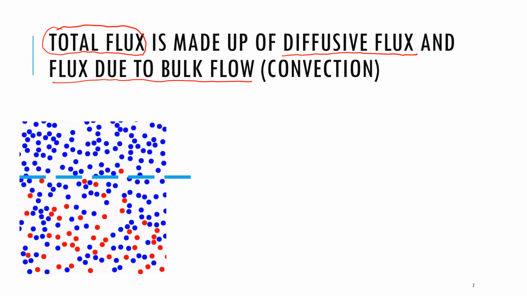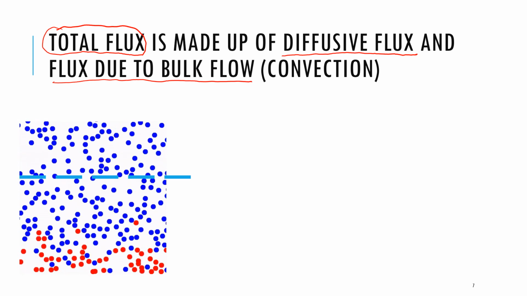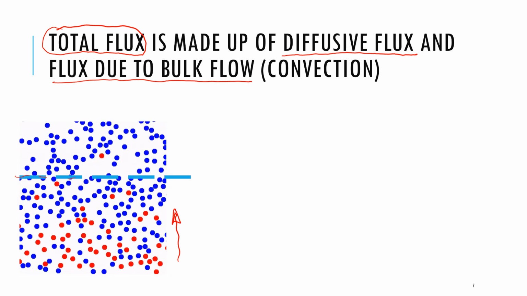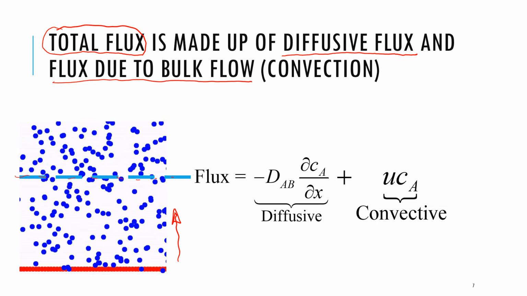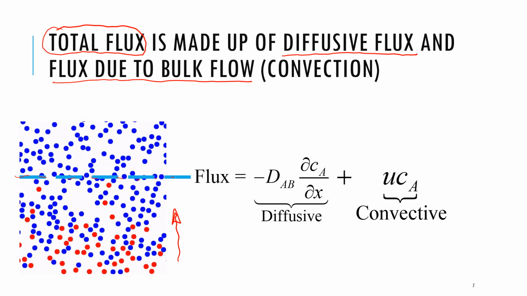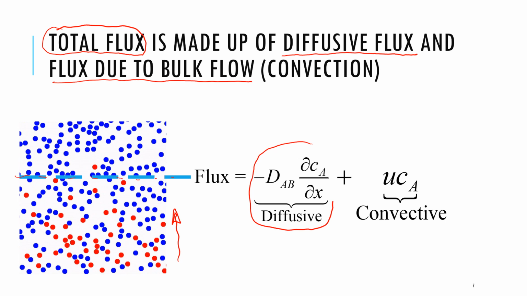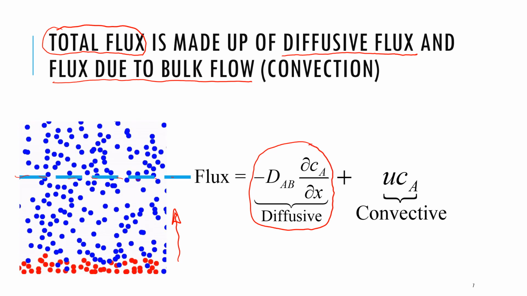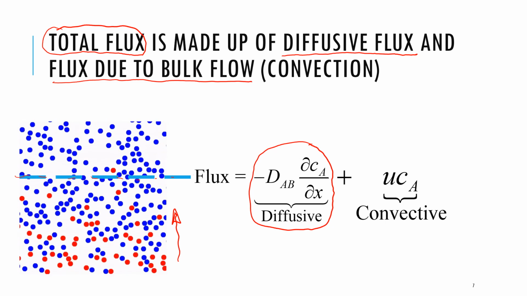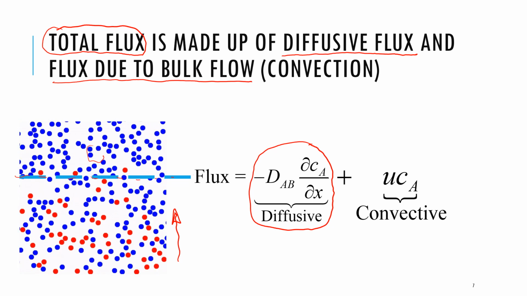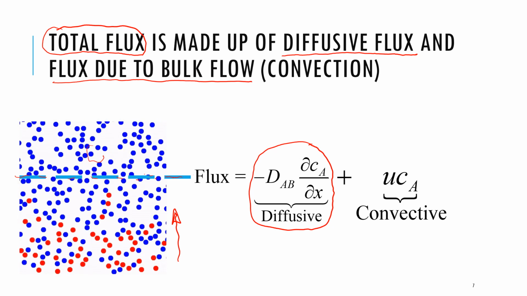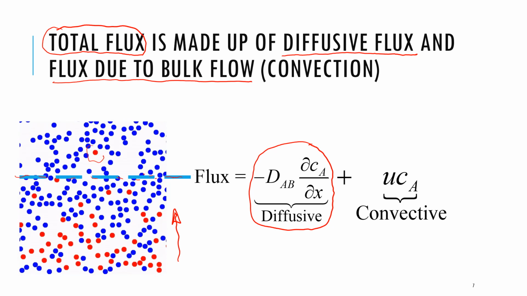So here we have the red molecules diffusing in the blue, and let's think of an imaginary line and write the flux expression. So the mass flux in this case would be the diffusive flux that we just discussed. That's Fick's law. That simply talks about how much of these crossed, like this red one right now, cross this line through simply random movement.